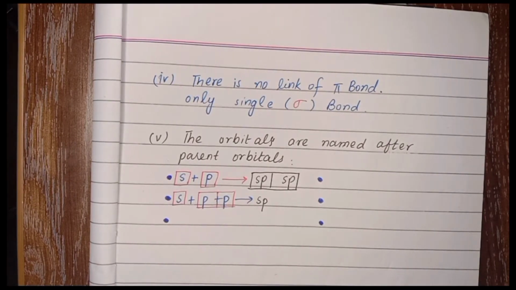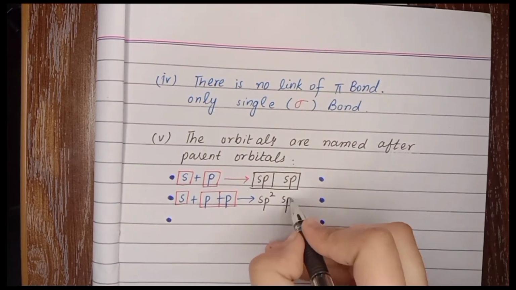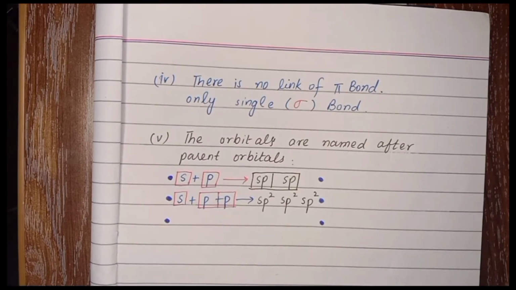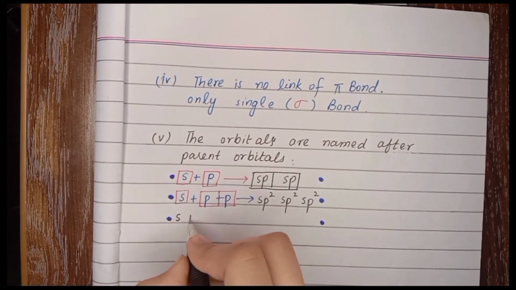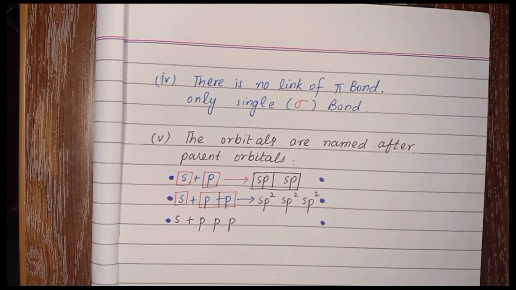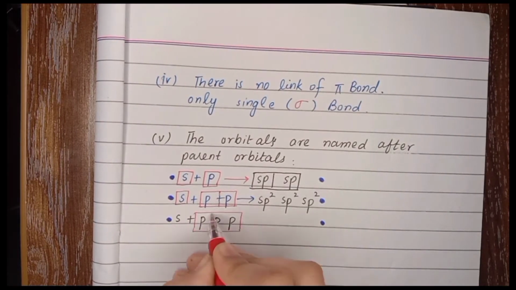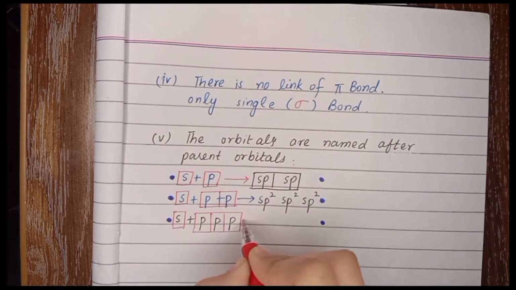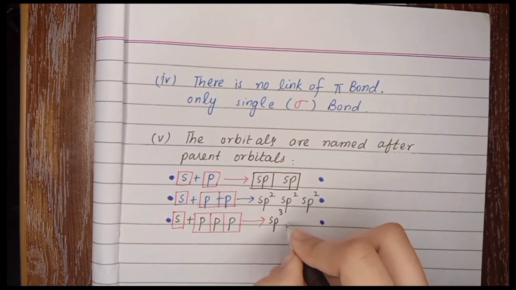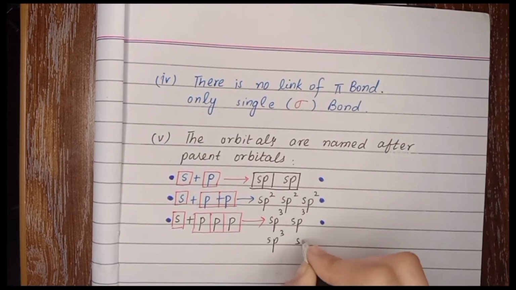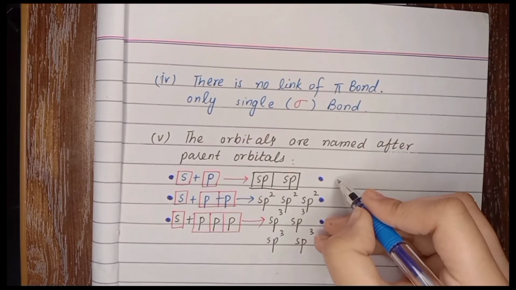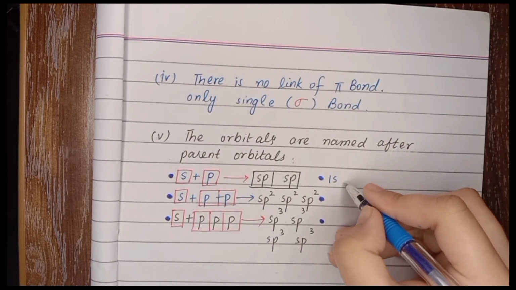If there is a 1s, 3p, and 1d, then the orbitals are named sp3d orbitals. Here I have demonstrated all of the 6 atomic orbital hybridization types to explain that the names are always after the parent orbitals.